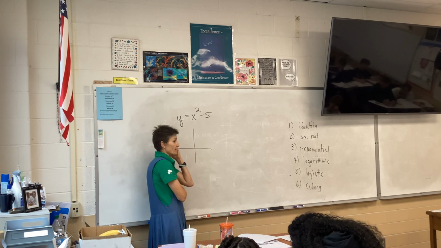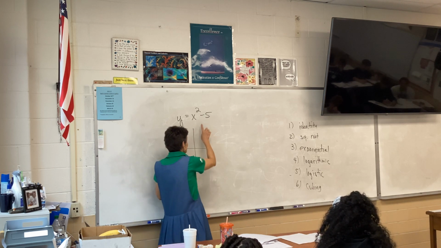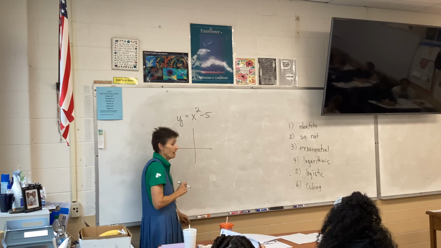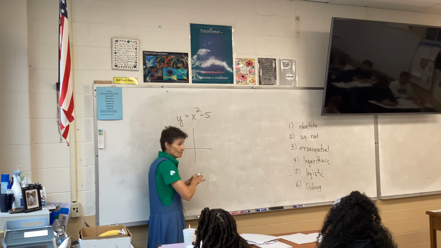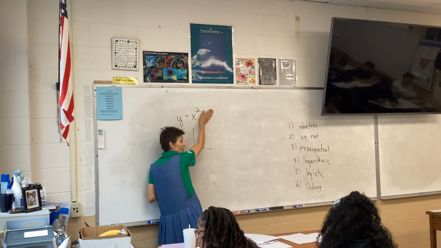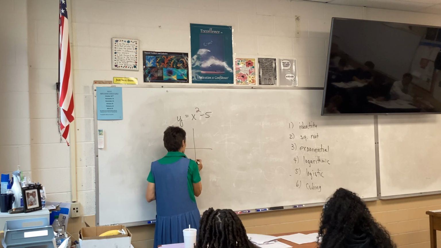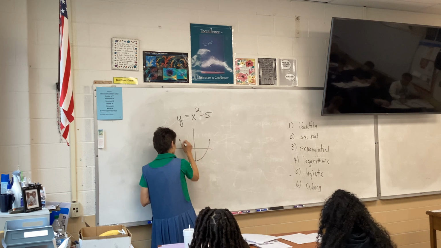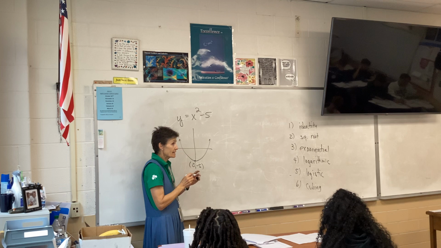What shape do you think it's going to have? A parabola. What does this do to the parabola? Down 5, right? This is your BFF right there. We moved it down 5. So when I sketch this on my calculator, I better see a picture that looks like that.